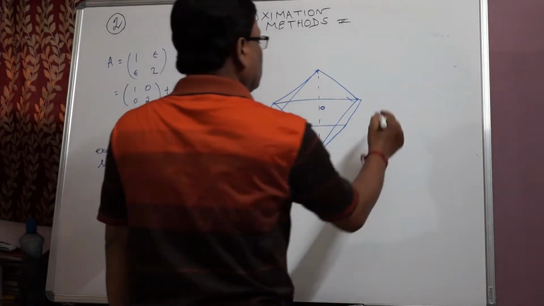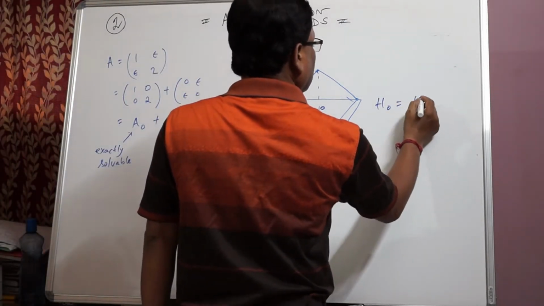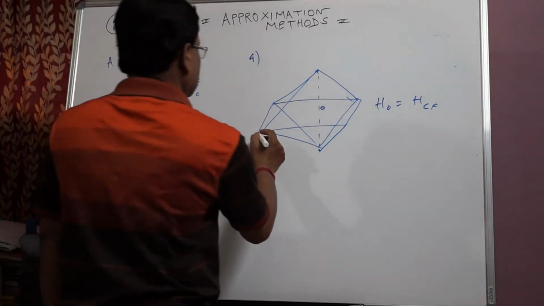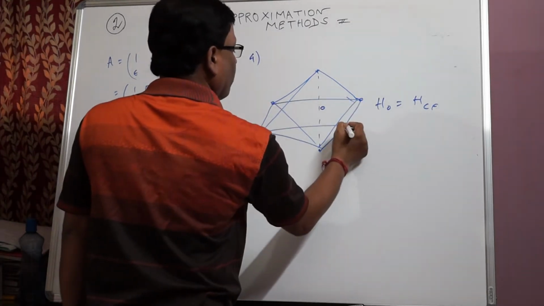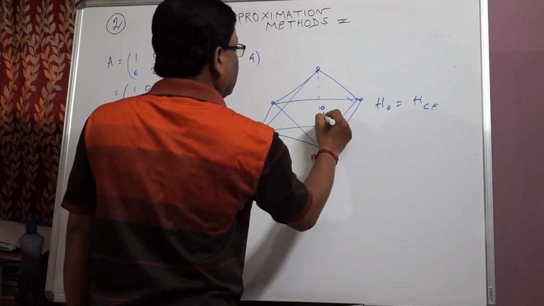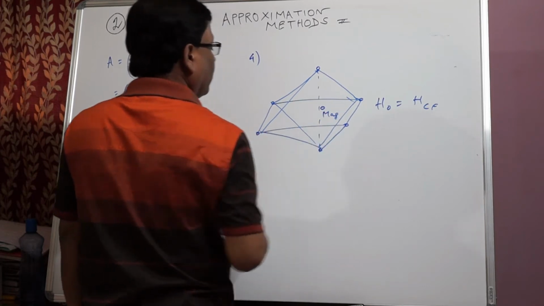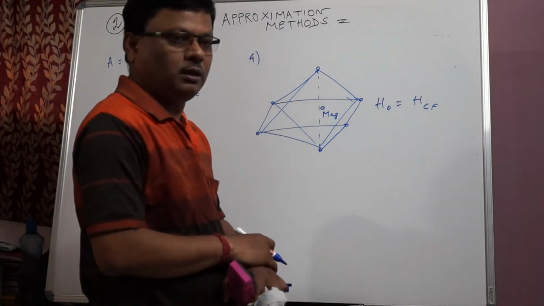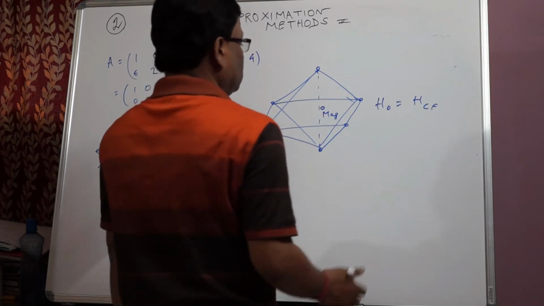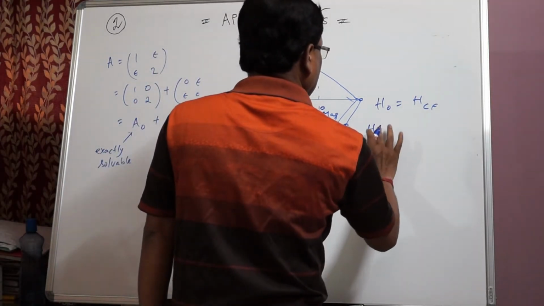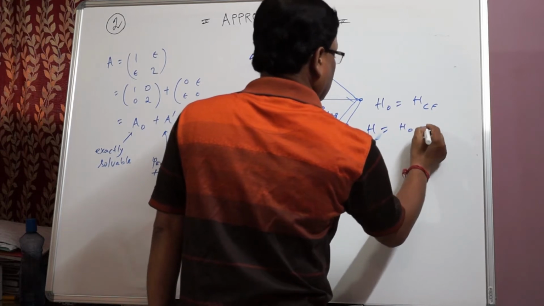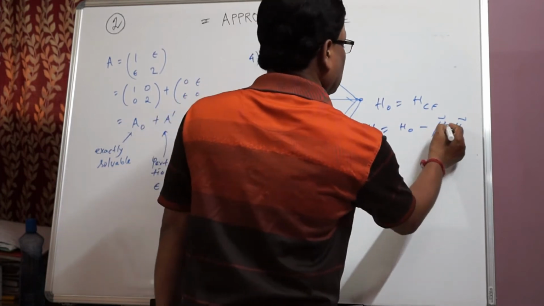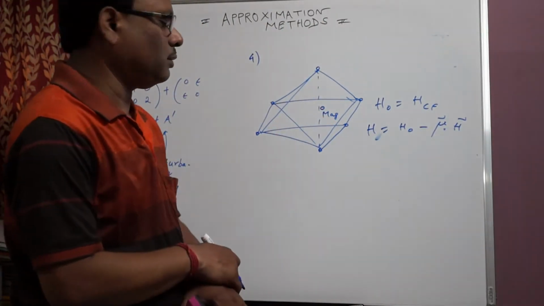In this case, the Hamiltonian is simply H crystal field due to these 6 ligands, and this is a magnetic atom. Now you place this crystal in a magnetic field, then this Hamiltonian will be H0 minus mu dot H. H is the external field and mu is the magnetic moment.